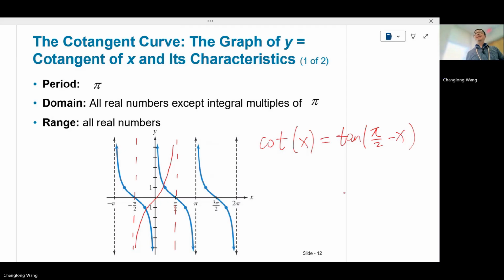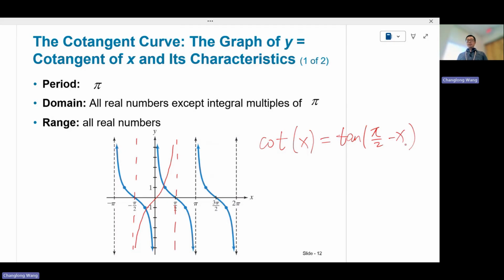Yeah, Amaya? Co-function identity. Because the function cotangent, right? It's the co-function of tangent. But it might not be that obvious because I didn't put tangent 30 equals cotangent 60, right? Otherwise, you would notice that those angles add up to be 90.